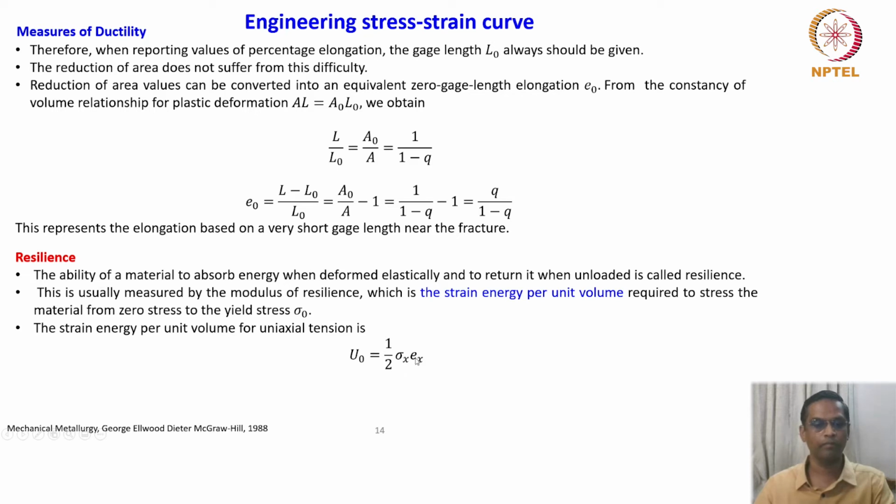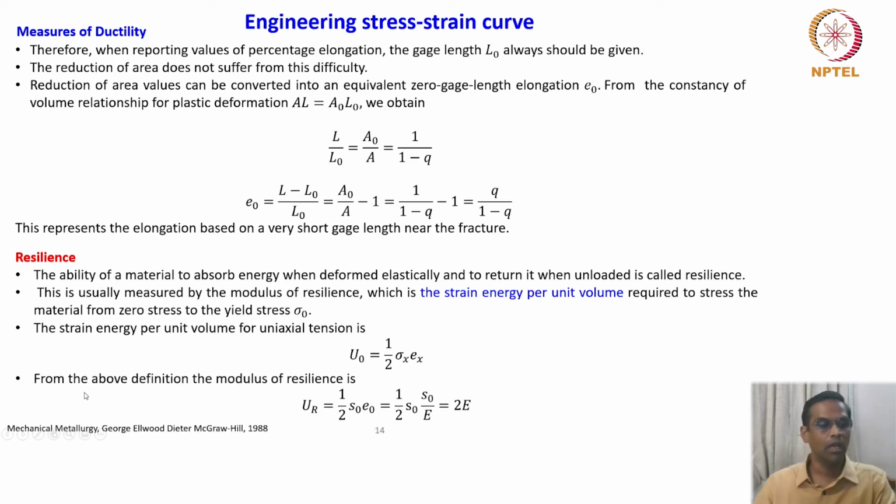From the above definition, the modulus of resilience U_R can be written like this: half into S naught into e naught, which is equal to half S naught into S naught by E, which is equal to S naught squared by 2E. Here, suddenly S naught is coming.